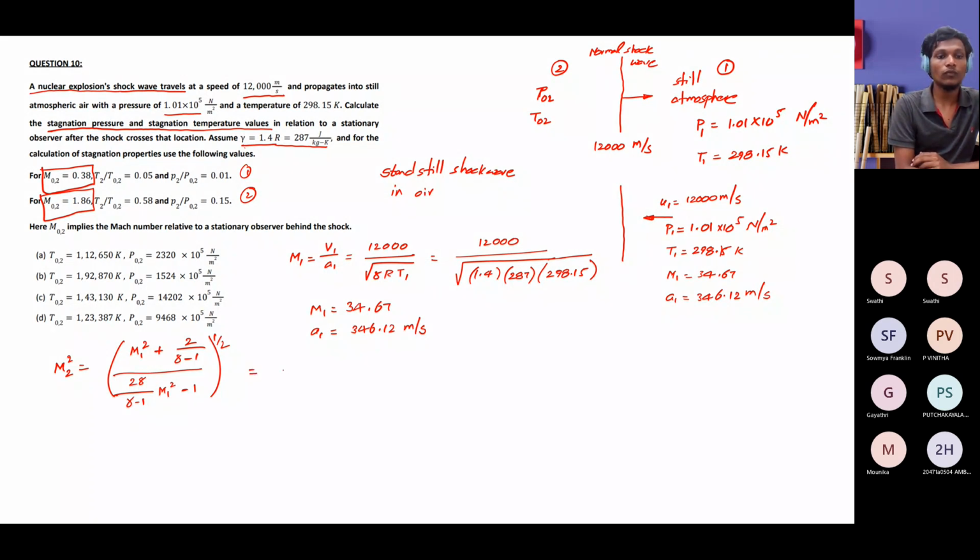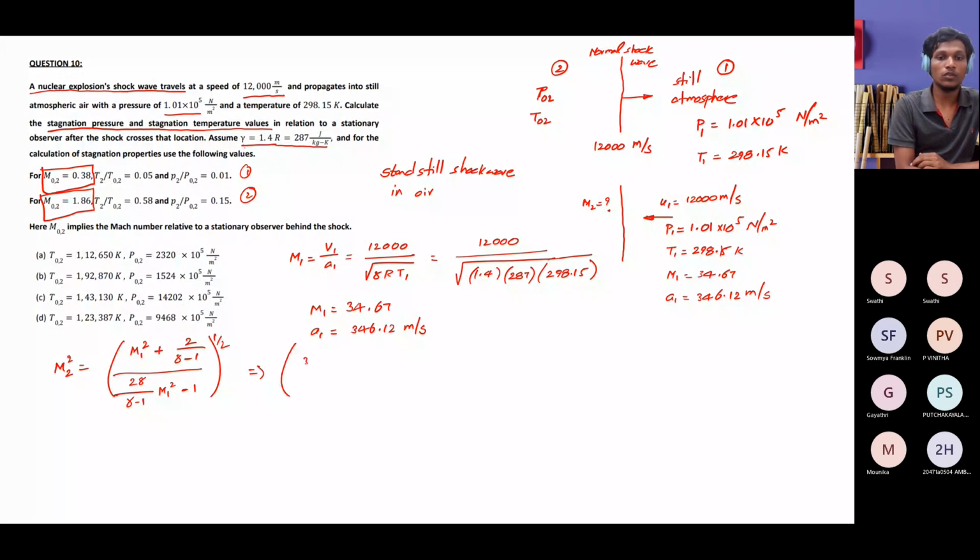This is the equation to find the Mach number in this region, that is M2. M2 is the first query that we need to find out. So we need to substitute the M1 and gamma values.